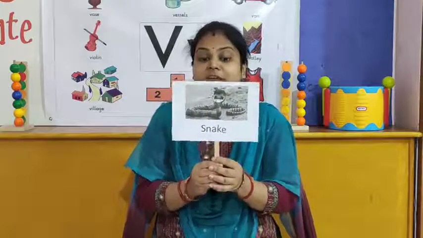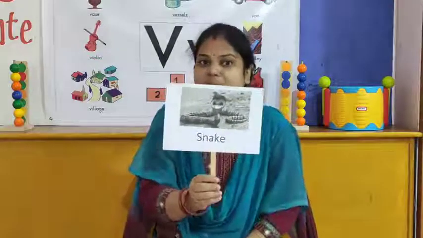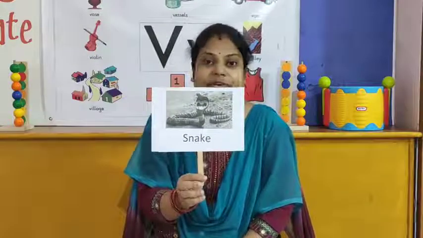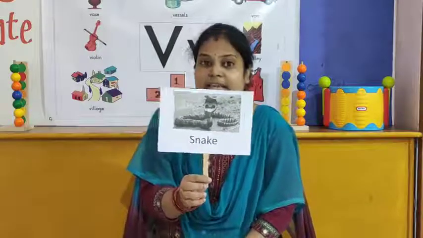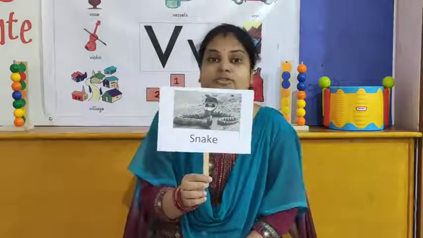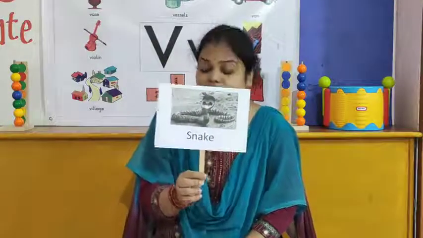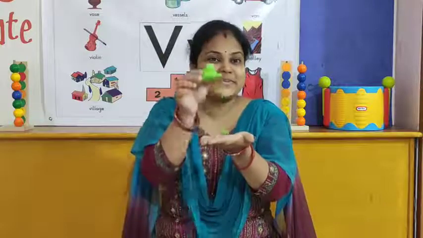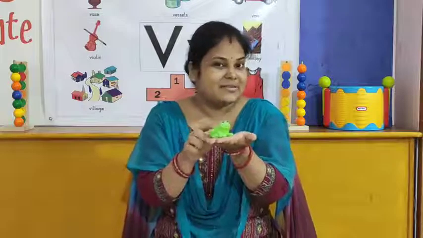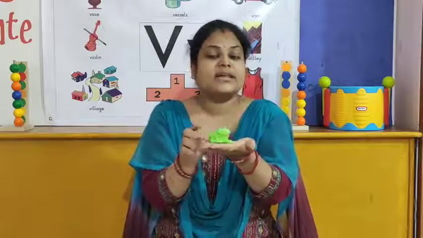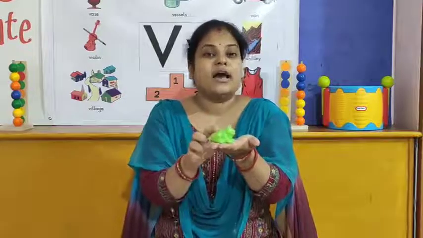And children, look, which animal is this? This is a snake. Where does the snake live? The snake lives in the forest. So the snake is also a wild animal. And which animal is this? It jumps like this. This is a frog.